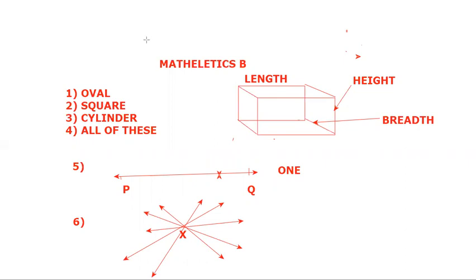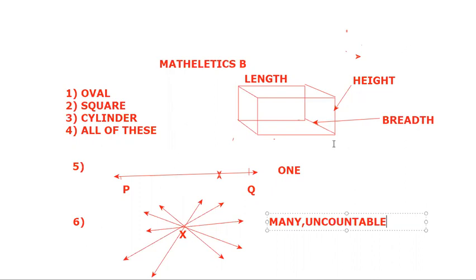You cannot count. Many uncountable number of lines can be drawn through a point, a single point. But through 2 points, you can draw only one line.